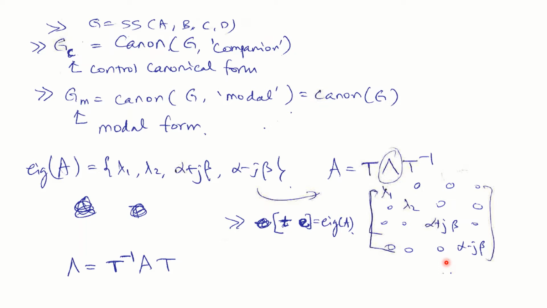The first thing you can notice is that lambda, which is supposed to be a diagonal matrix, is T inverse times A T, because A is decomposed as T times lambda times T inverse. If you pre-multiply with T inverse and post-multiply with T, then you get this equation.